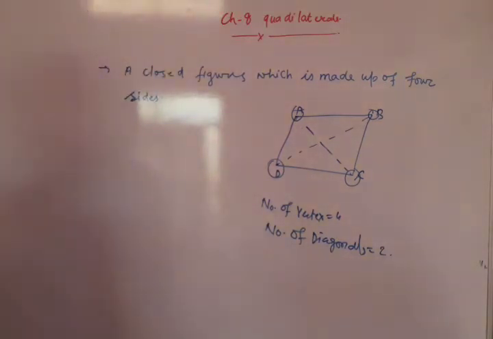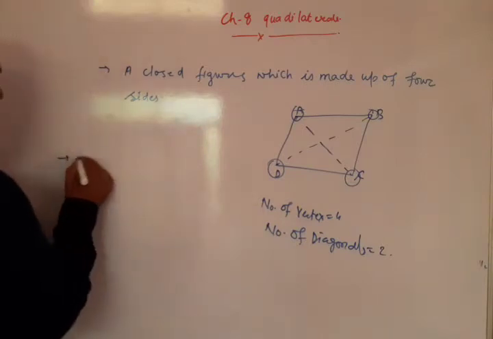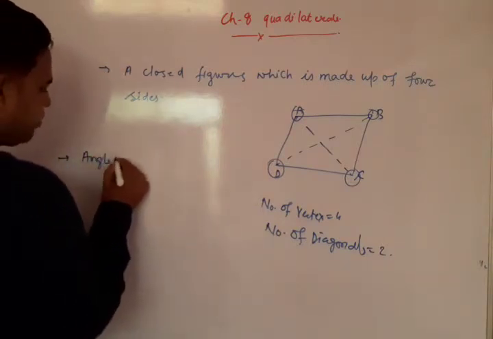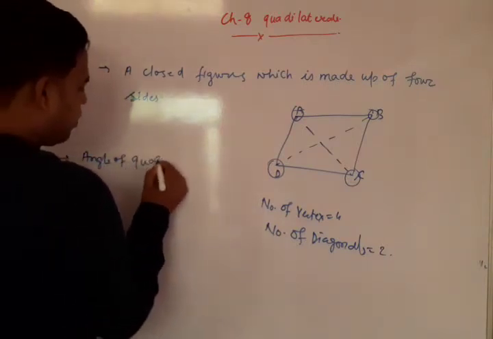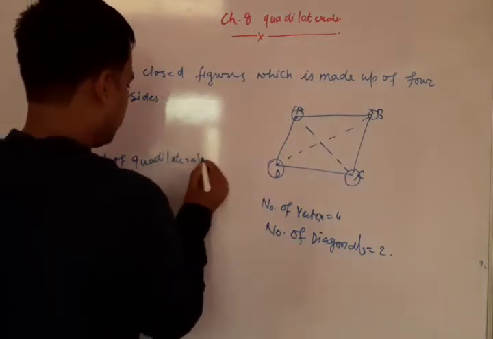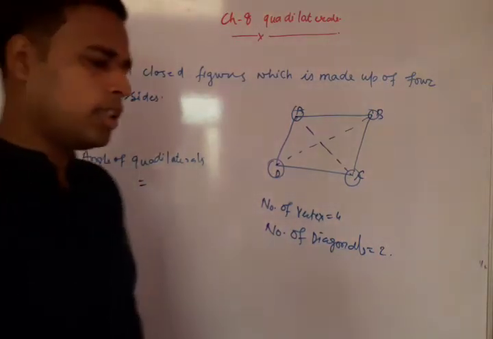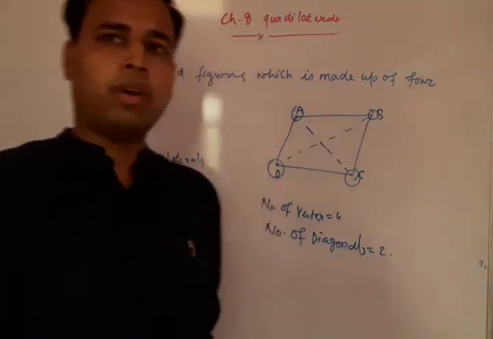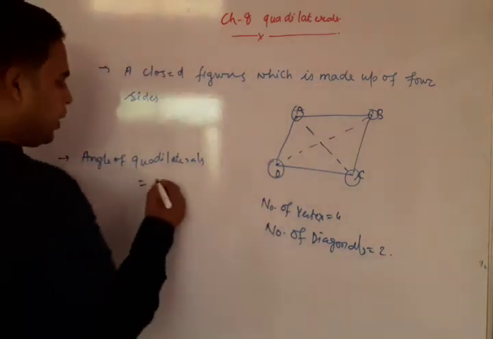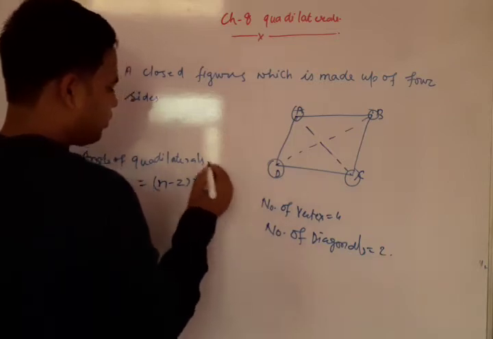Understood? Now one thing to remember, the sum of angles of a quadrilateral. In class 6th, 8th you have studied the angle sum of a polygon is given by (n minus 2) into 180.